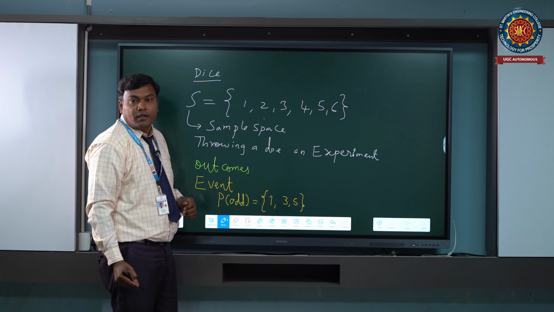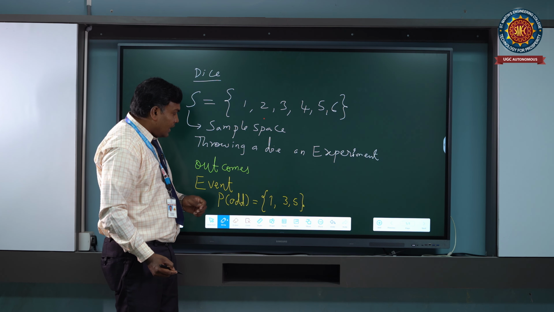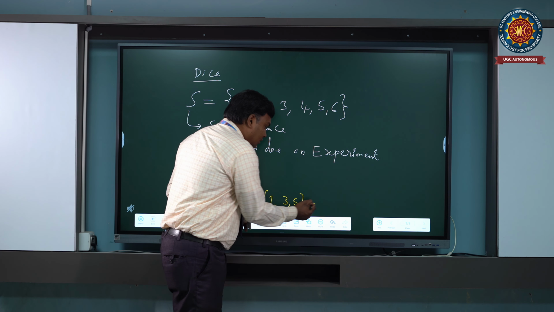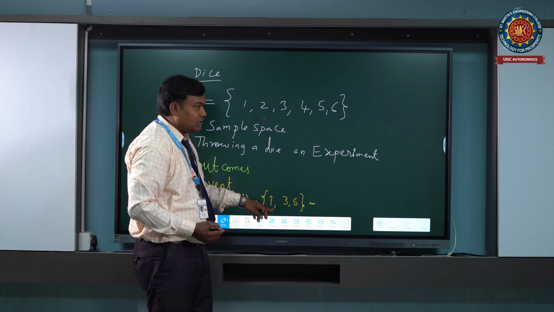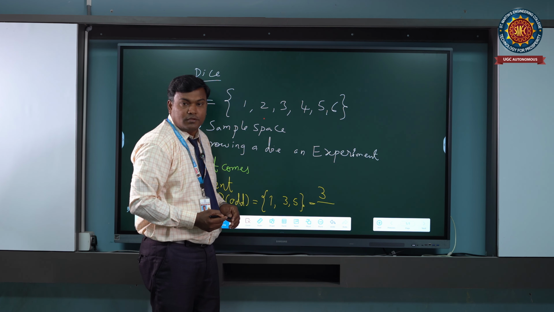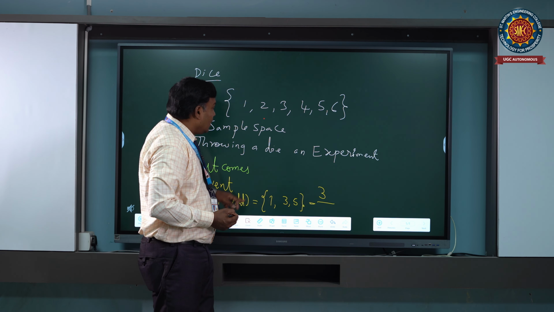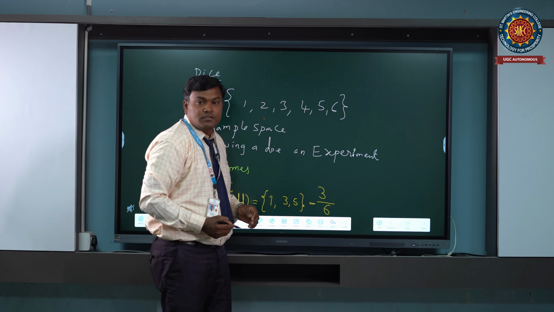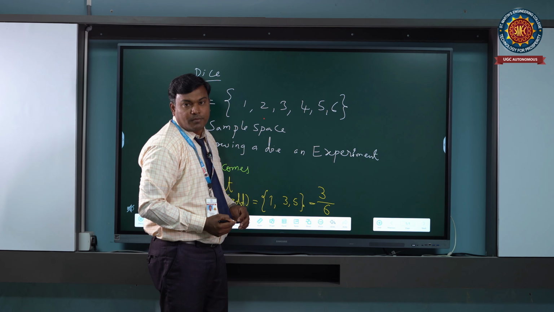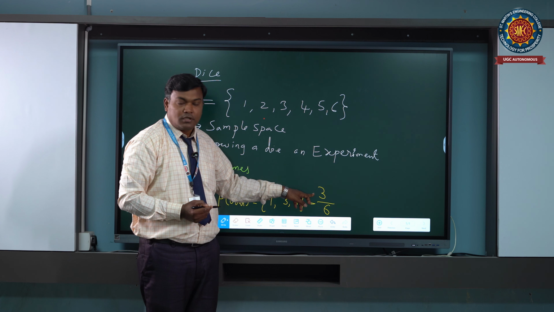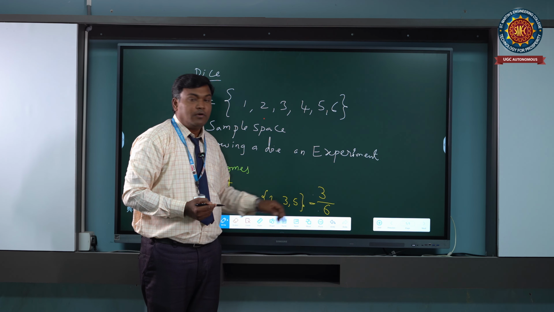The total number of outcomes in this event is 3. Favorable outcomes are 3 and the total number of outcomes is 6. This is what actual probability means: the ratio of the number of favorable outcomes to the total number of outcomes.